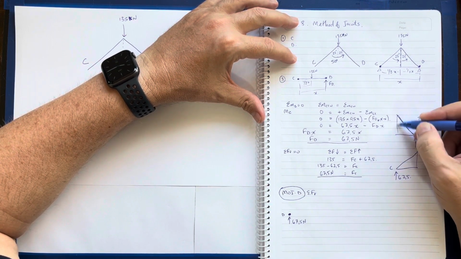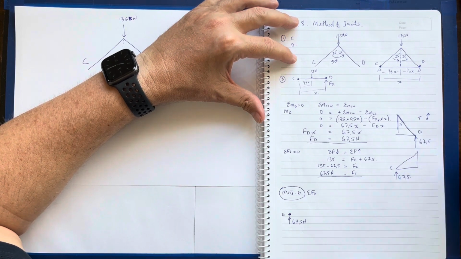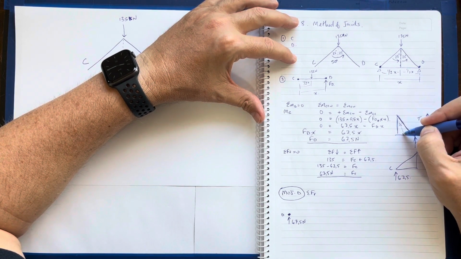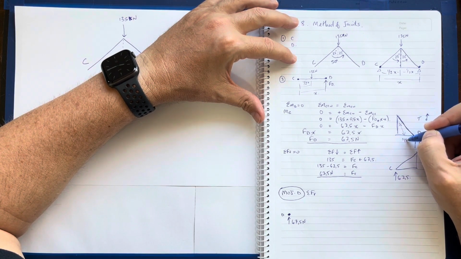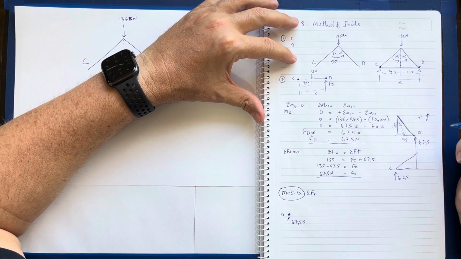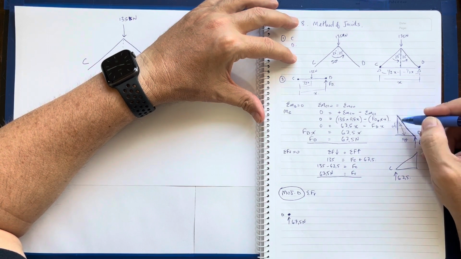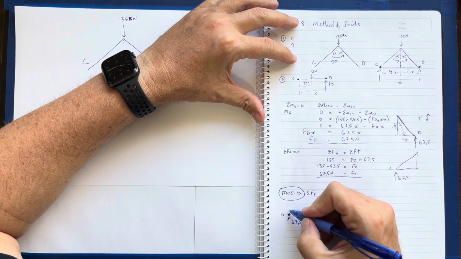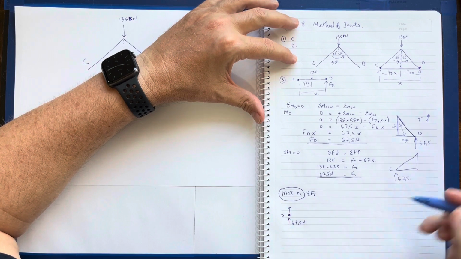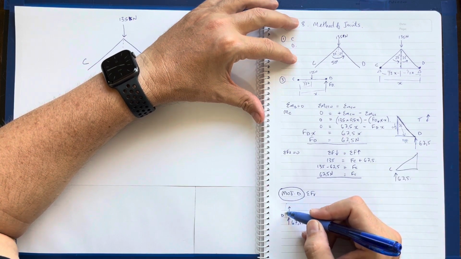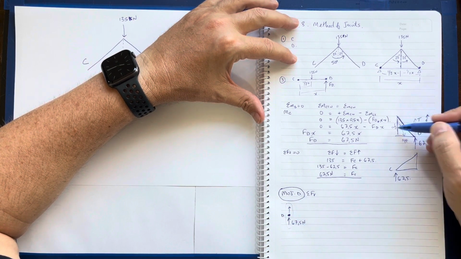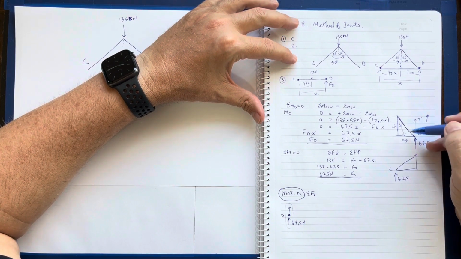And the vertical equivalent of that, if this is 25, then this is going to be the opposite and this is going to be the adjacent. I want to solve that. But if I'm doing method of joints, I need to work out the forces that are completely vertical, in that this would be the adjacent over the hypotenuse.